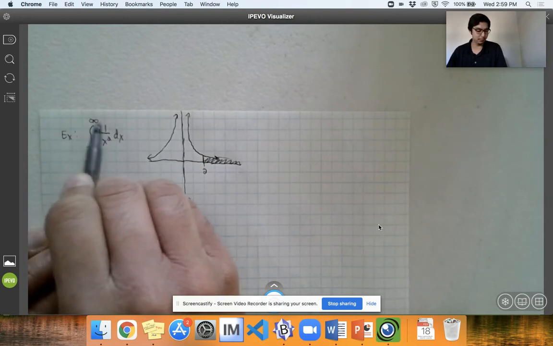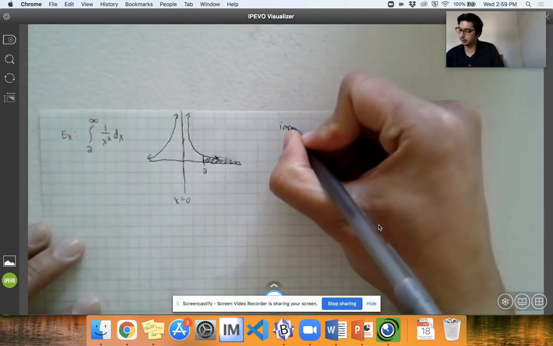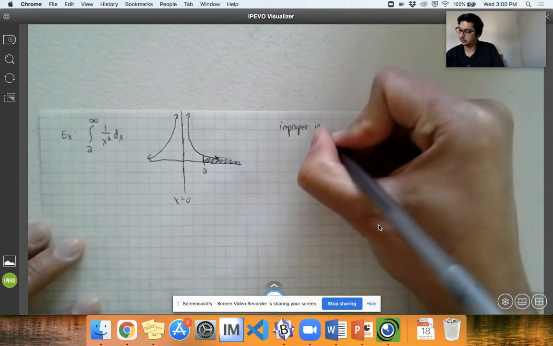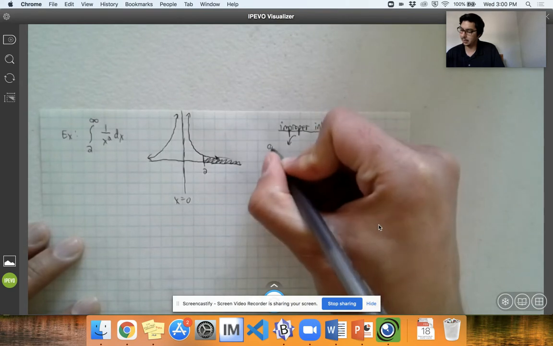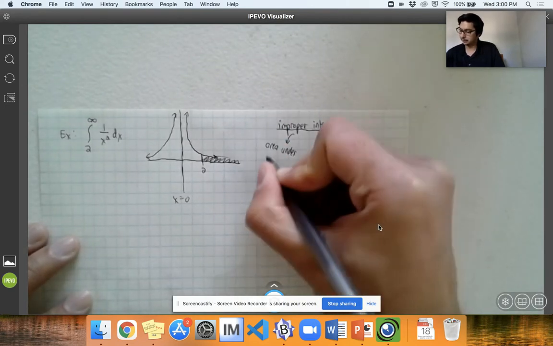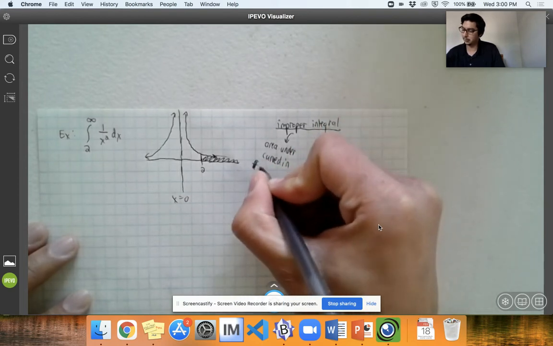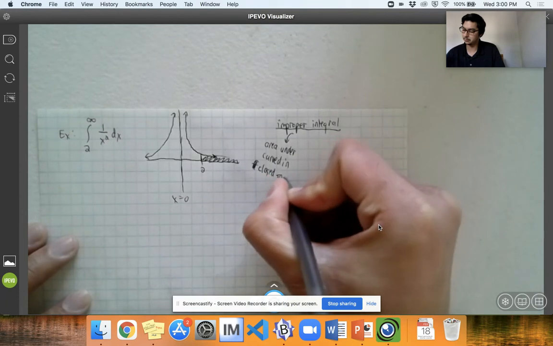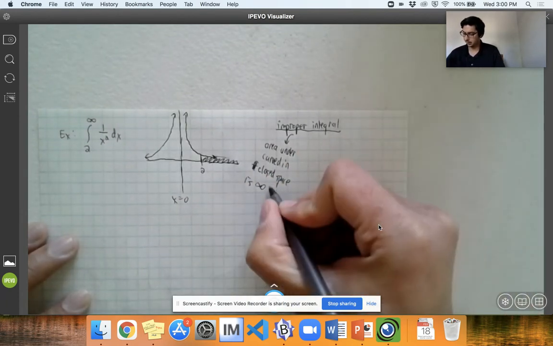Now notice that when I write it like this, it is also considered an improper integral. So there's 2 of them here. So I said previously it's when the area under the curve in a finite space or closed space is infinitely large.